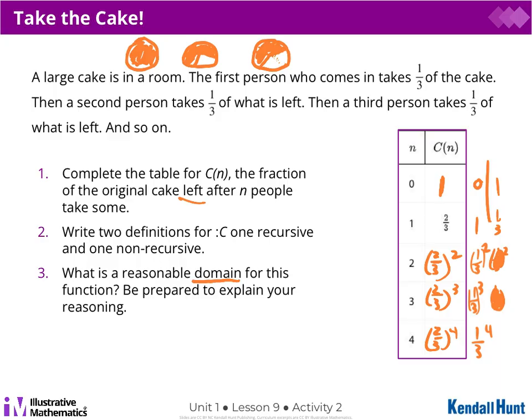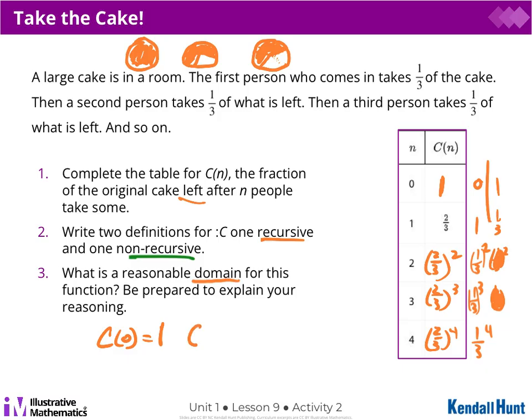Okay, so let's do that. I'm going to write the two definitions. Recursive definition is going to be orange. The explicit is going to be green. So let's start with the definitions. Recursive definition. C of 0. Before people took a cake, we had one whole cake.